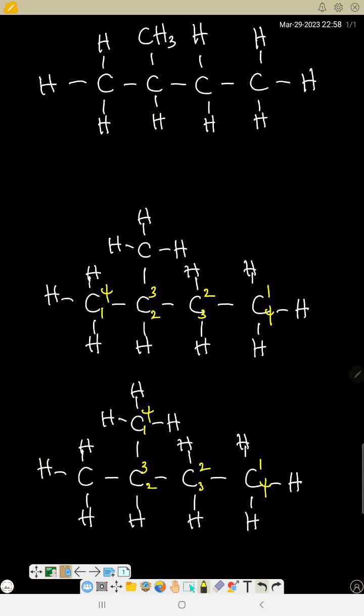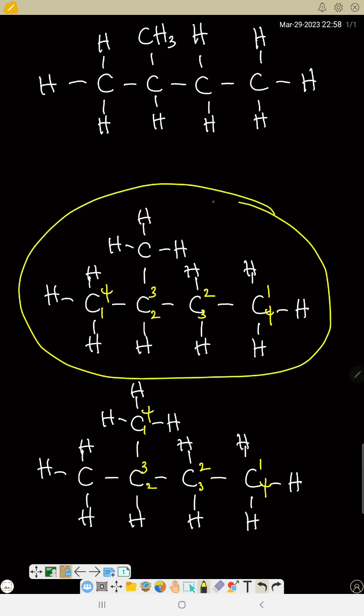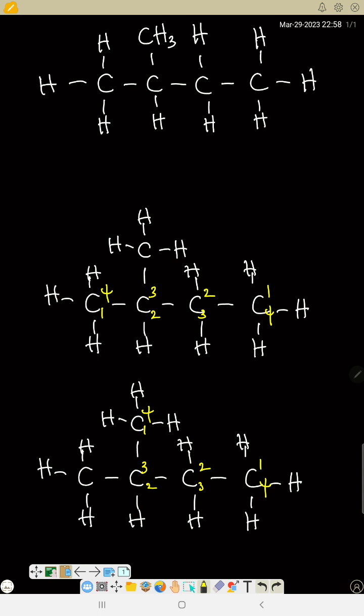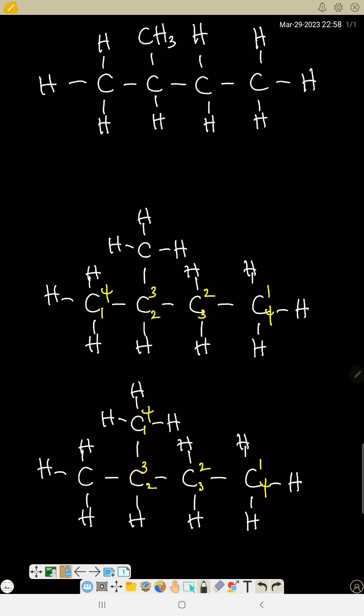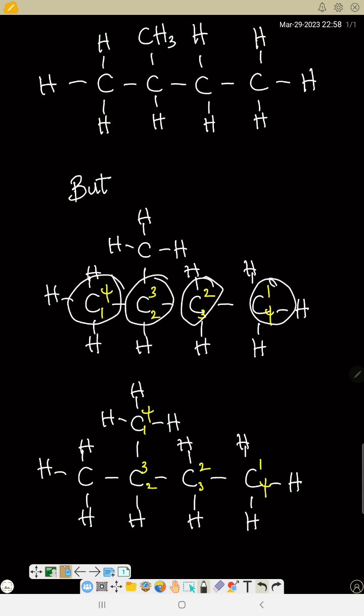Now let's start the naming. So consider this one first. The longest carbon there is 4, and that is but. Remember that 4 carbons is but. So now, how many bonds do you have here? We have single bonds. So normal, this is butane.